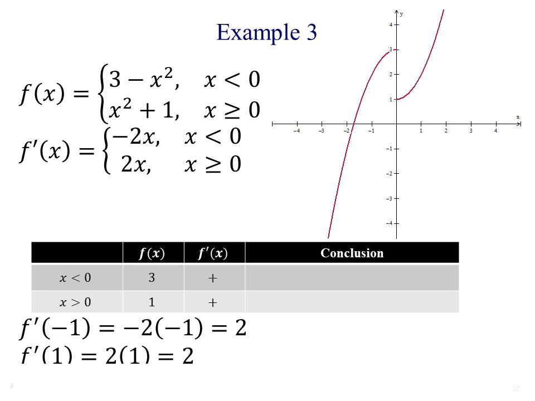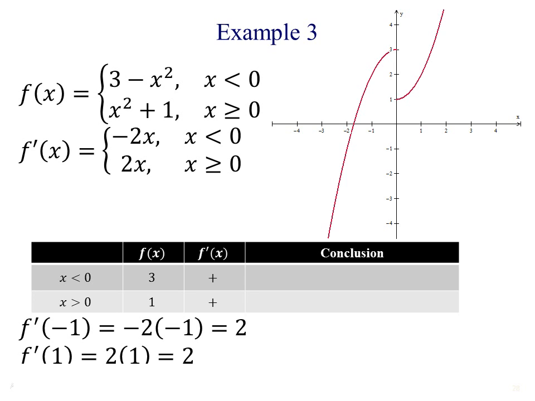To figure out the sign of the derivative, plug in points for the given intervals. For the first interval, x is less than 0, I try -1. To figure out the value of the derivative, I use the top piece of the derivative and plug in -1. -2 times -1 is +2.